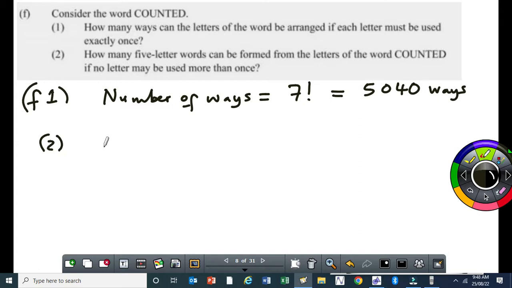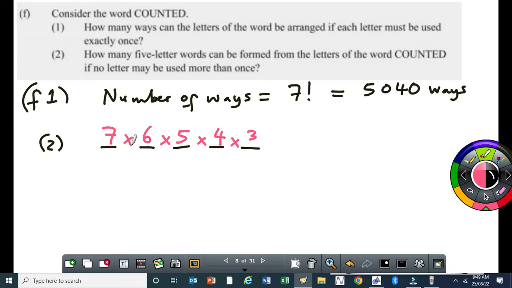So we have 5 positions, and there are 7 letters. The first position can be occupied by all 7. Then, once you put a letter there, you can't repeat it, which means here you will end up with 6, then 5, then 4, then 3. Then you apply the fundamental counting principle.